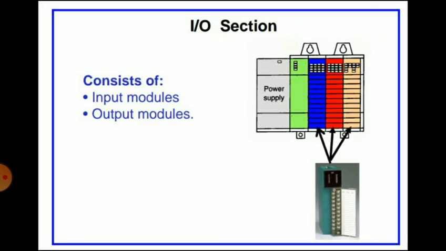Then next is input output unit. The input output section consists of input modules and output modules. The input and output sections are where the processor receives information from external devices and communicates information to the external devices.